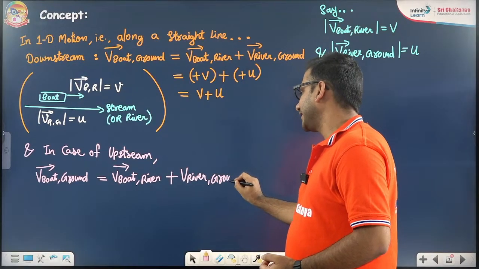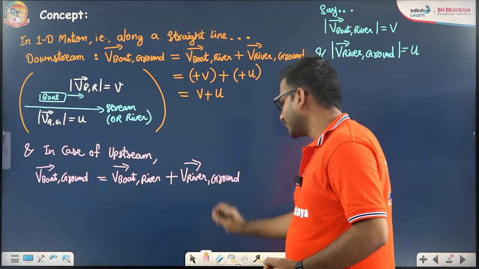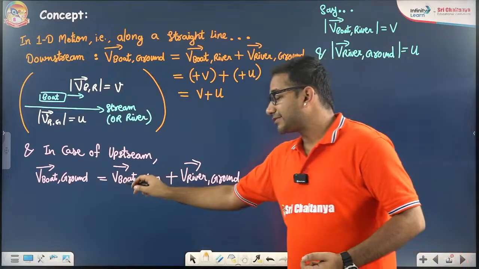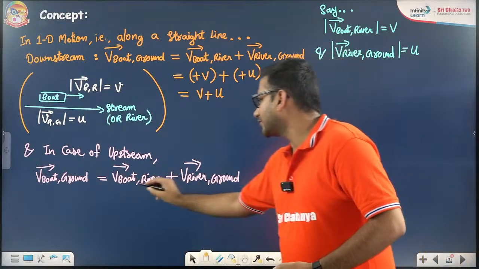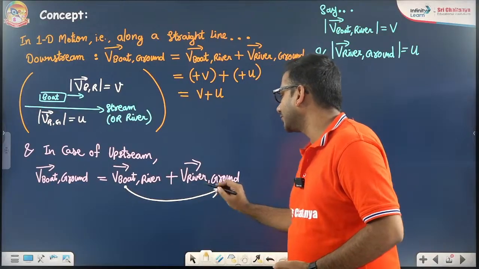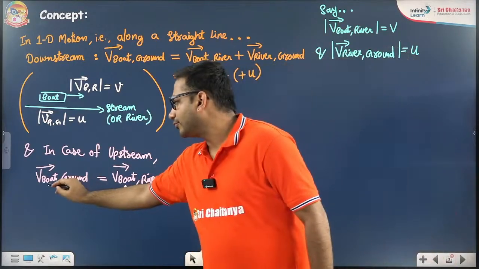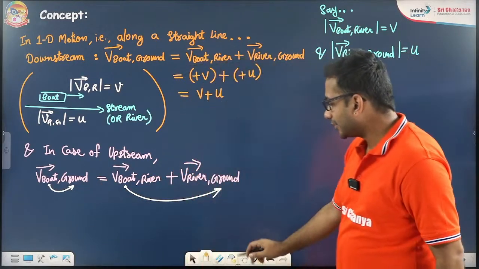If the first is moving on the second, and the second is moving on the third, that is how you get how the first is moving on the third, the velocity of boat with respect to ground.